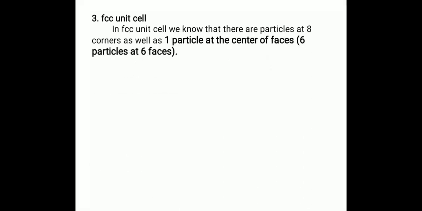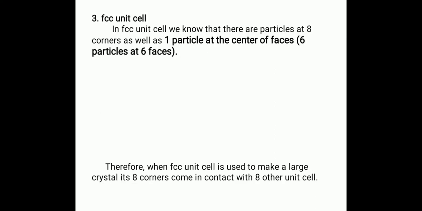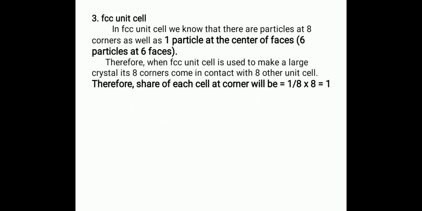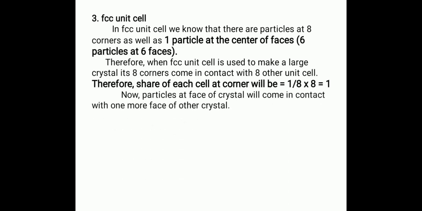Third one is FCC or face centered cubic cell. Here we know that particles are present at the corners as well as one particle in the center of each face. So in total there are 6 particles at 6 faces. Now we know that contribution of the particles at the corners is 1/8 into 8, which is equal to 1, and the particle which is present at the face will come in contact with one more particle. Just imagine that you are holding 2 cubes and these 2 cubes are placed beside one another.